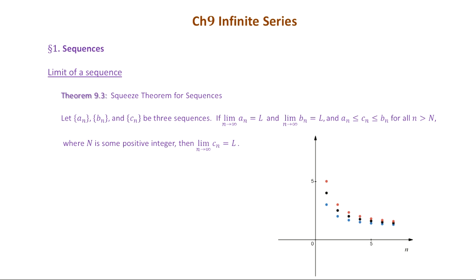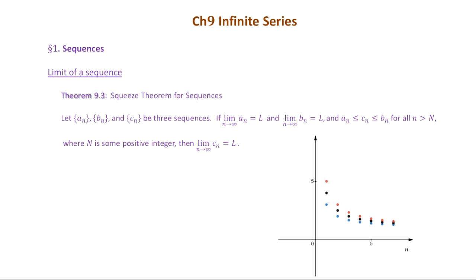So suppose there are three sequences, a_n, b_n, and c_n, and we know a_n and b_n both have the same limit L, and we know the sequence c_n is sandwiched between a_n and b_n. So c_n is greater than or equal to a_n and less than or equal to b_n, after some terms, for n greater than capital N.